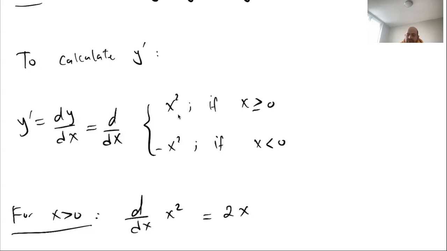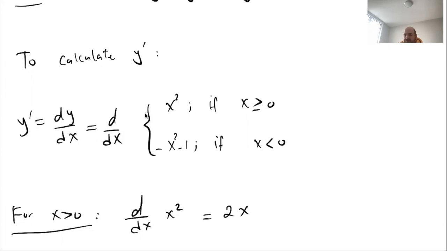But I want to emphasize that derivative at 0 depends on the behavior and the formula for the function, both to the right of the point and left of the point and at the point. And to justify my statement, I'm saying that if, let's say, I keep the formula for the point 0 and right of the point to be same, but only change the formula to the left of the point to be minus x squared minus 1, rather than just minus x squared, then the function will not be differentiable at 0 anymore.